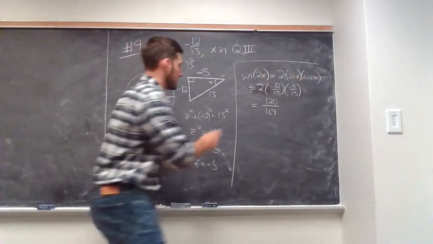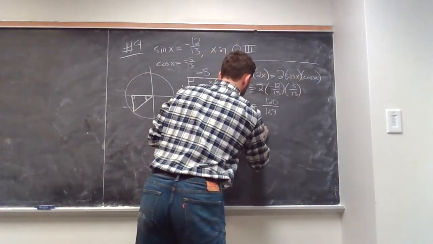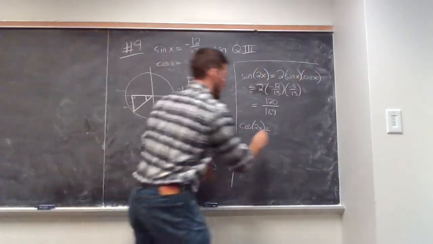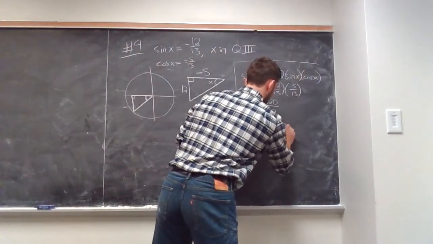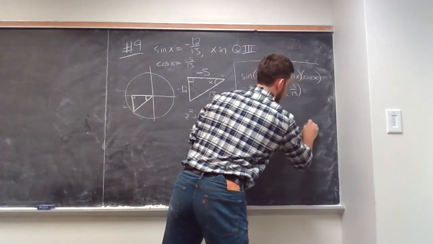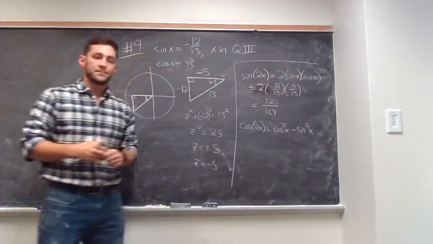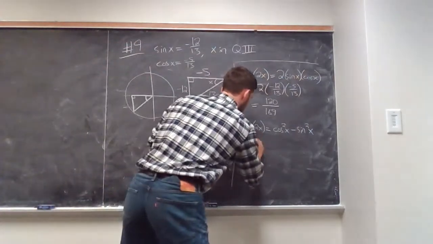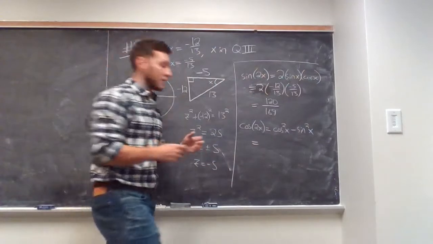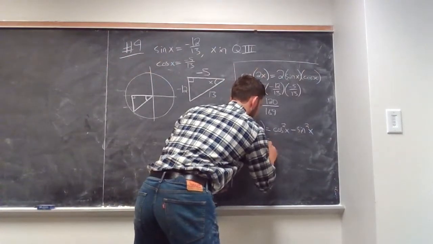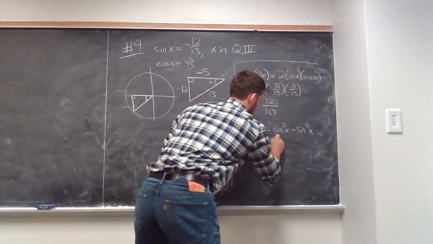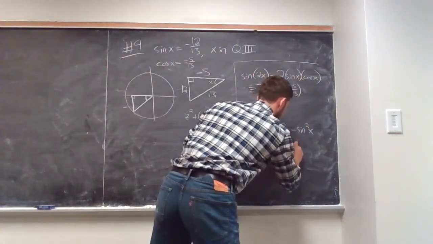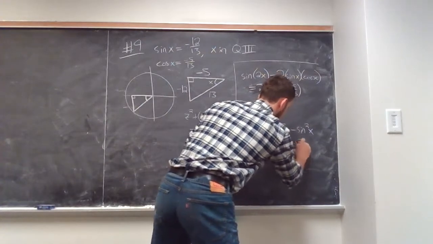Cosine of 2x. Well, by rote memorization, that is cosine squared of x minus sine squared of x. Now that we have both sine and cosine, we can figure this out. Cosine is negative 5 over 13, so we're going to square negative 5 over 13 minus sine is negative 12 over 13, so we're going to square that.